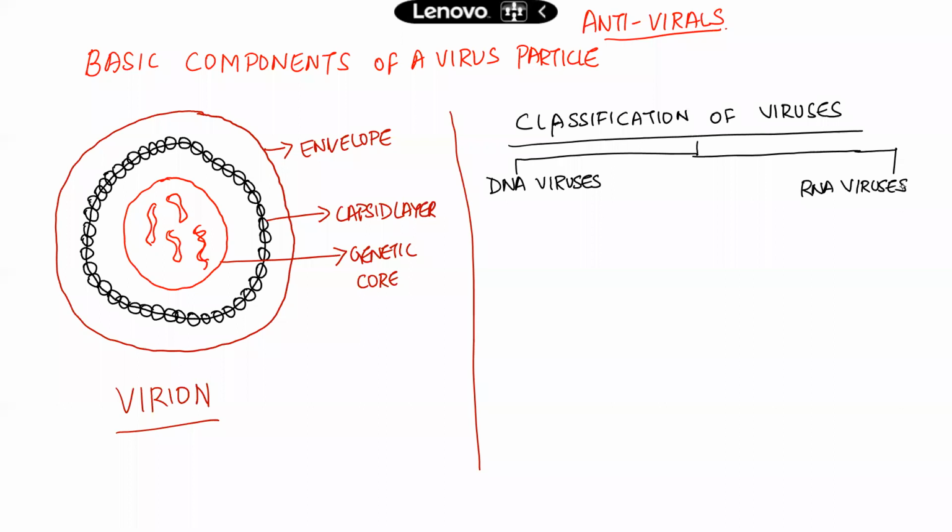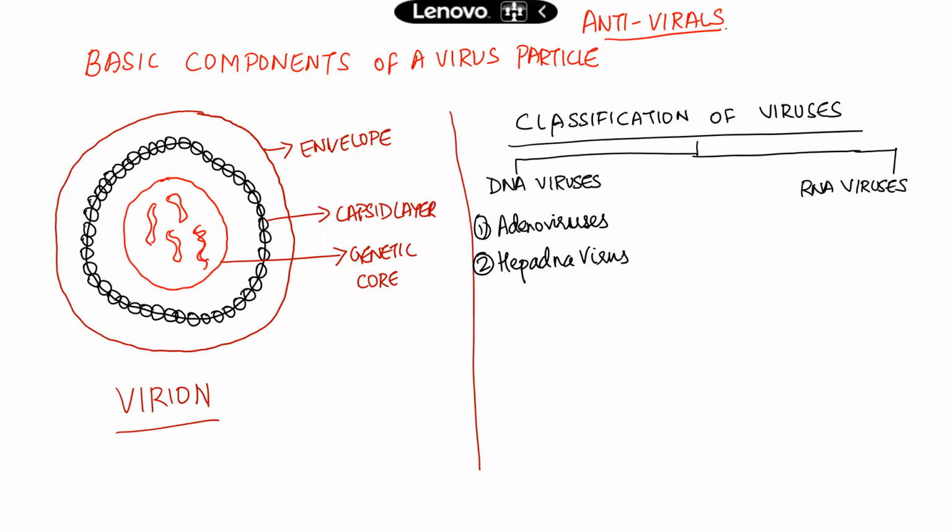Now, among these DNA viruses, first up we have adenovirus. If you remember, adenovirus usually causes upper respiratory tract infections. Then we have hepadnavirus.